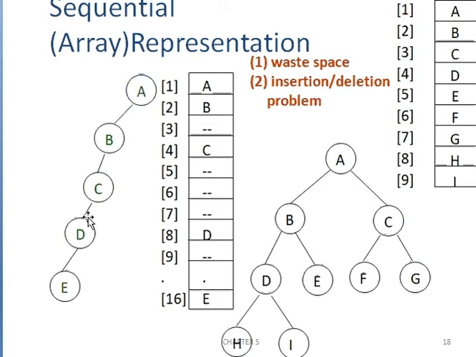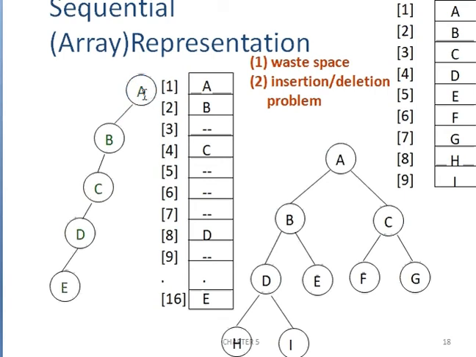So it violates some of the rules of the complete binary tree, and you call this a left skewed tree. This main node has a left child, this node again has a left child, C has a left child, D has a left child.